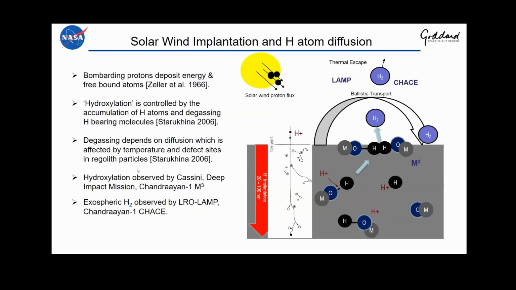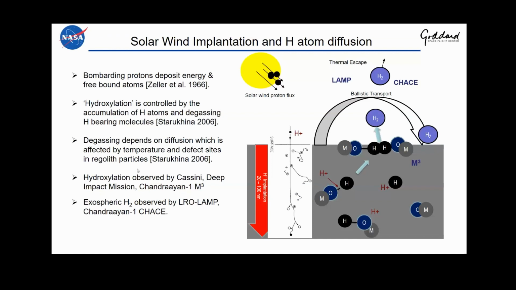To go into a little more detail about the process, solar wind implantation has been thought about for several years. In this process, the energetic ions from the solar wind can implant into the surface. If we're thinking about protons, but also other ions, as they come into the surface, they can excite electrons of bound regolith atoms.